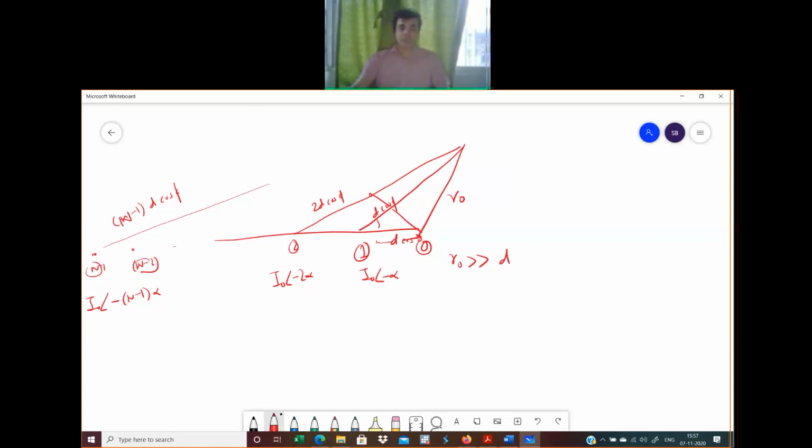So the 0th element, just like in C, we start our array with the 0th element. Excitation is I0 into 0 times alpha, that is I0 at 0 degree. First element, I0 minus alpha.